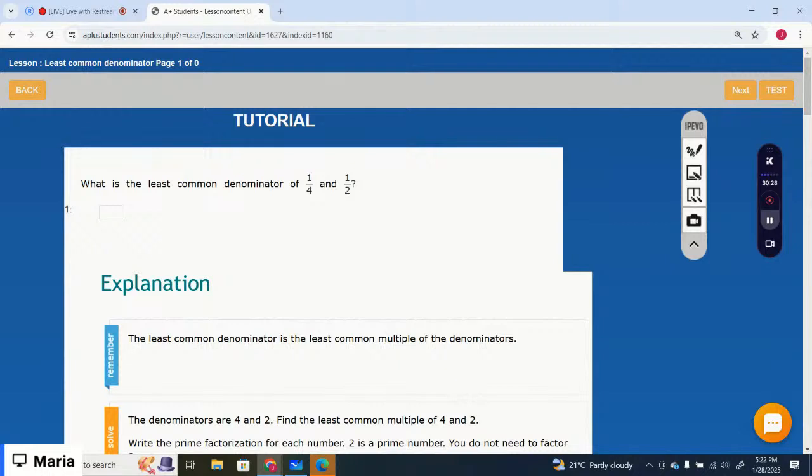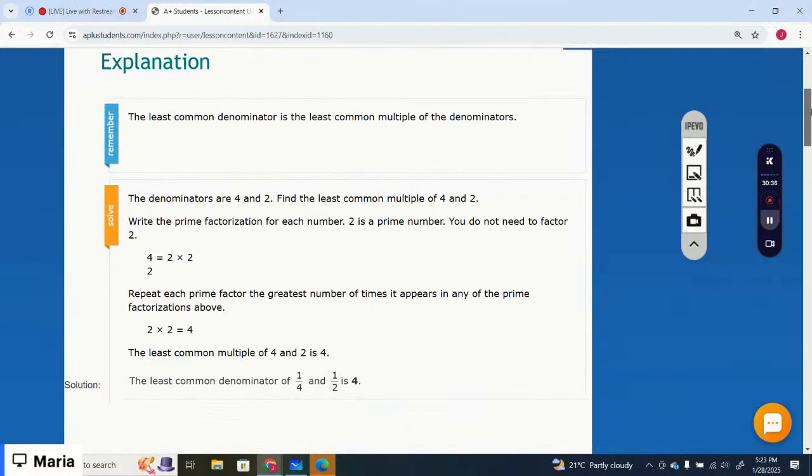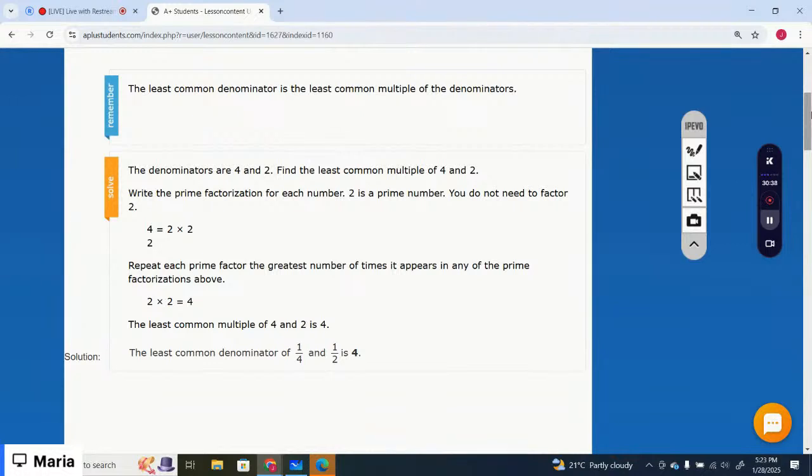The least common denominator is the least common multiple of the denominators. The denominators are 4 and 2. Find the least common multiple of 4 and 2. You have to write the prime factors of 2 and 4. The prime factors of 4 are 2 times 2.